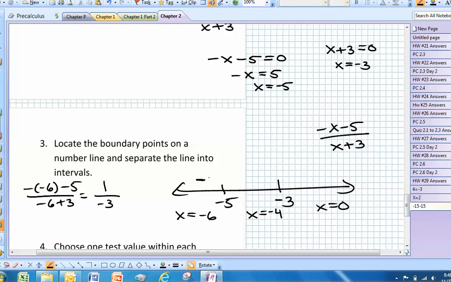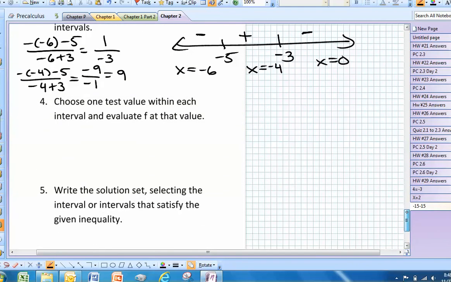If I put negative 4 in, I get 4 minus 5, which is negative 1, over negative 1, which is 1. It's a positive number. And if I put 0 in, I get negative 5 over 3, which is negative.